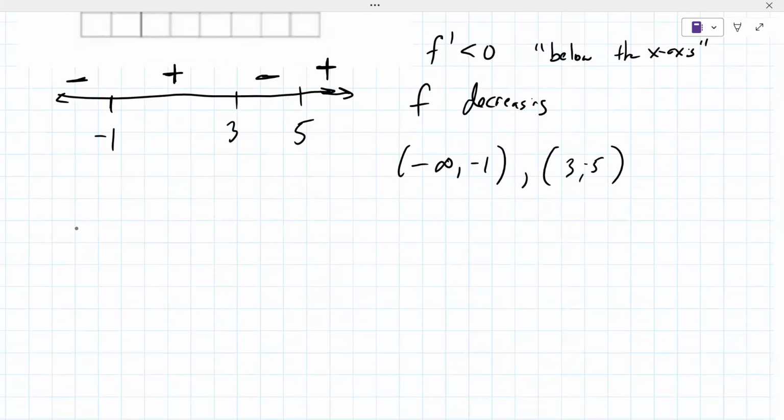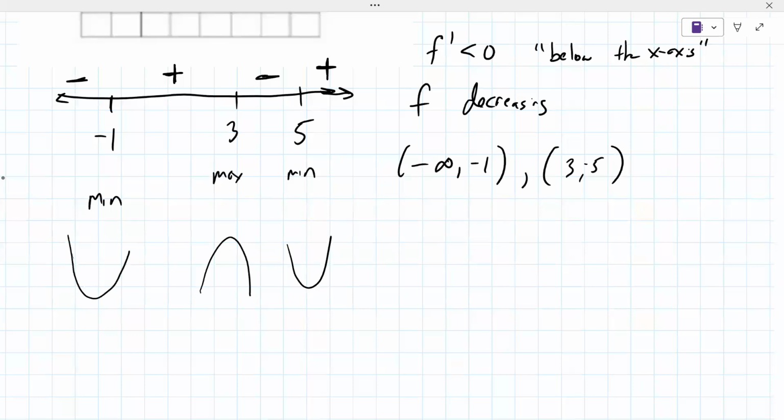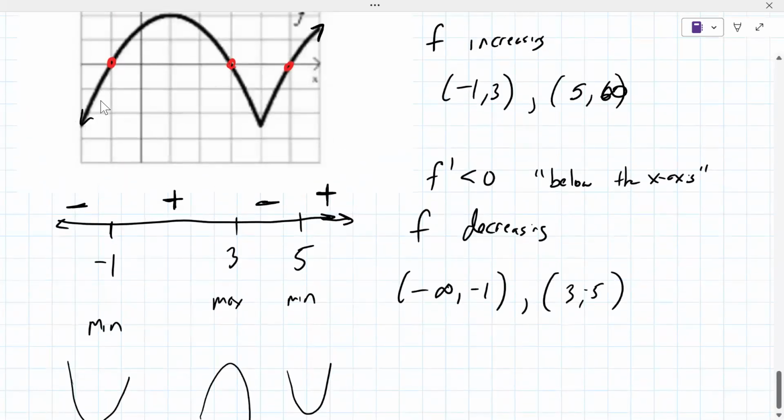Minus to plus is a min, plus to minus is a max, minus to plus is a min. And it has nothing to do with the shape of the graph. The graph is deceptive. It's the original function we're talking about.